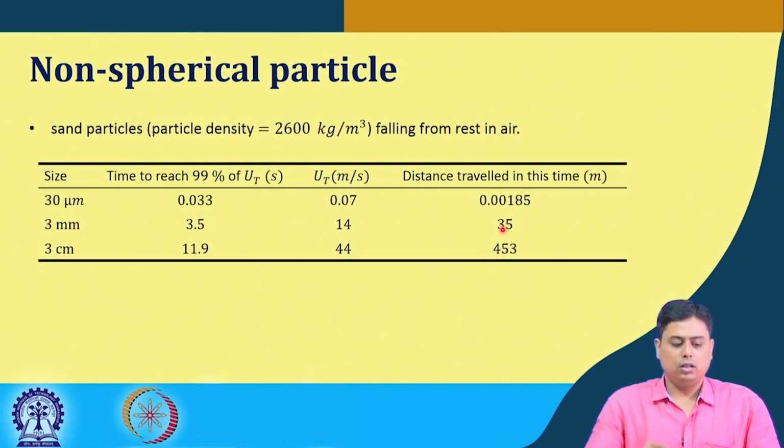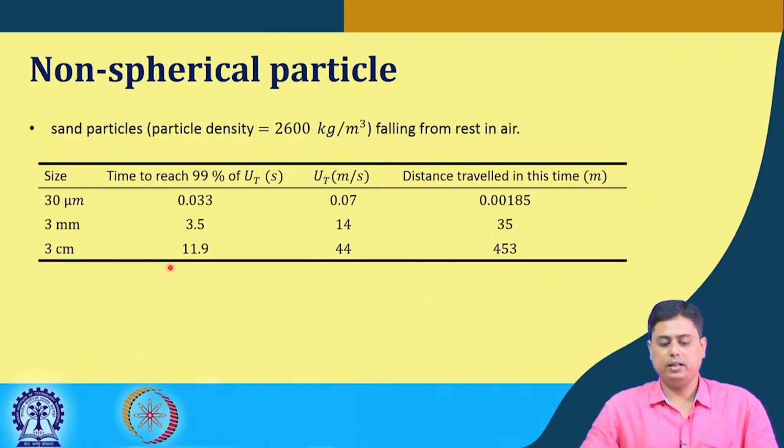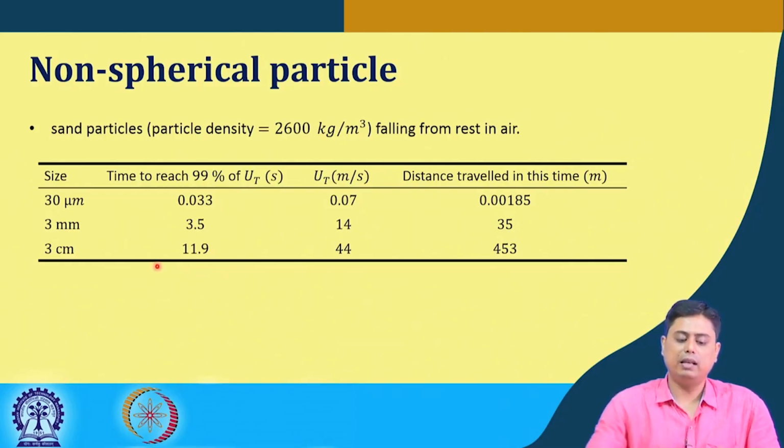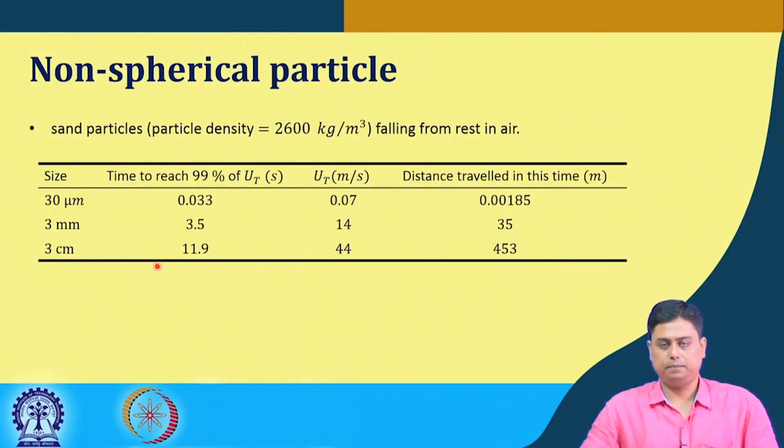For a 3 centimeter sand particle, the time to attain its terminal velocity of 44 meter per second is 11.9 seconds, and by that time it would travel 453 meter.